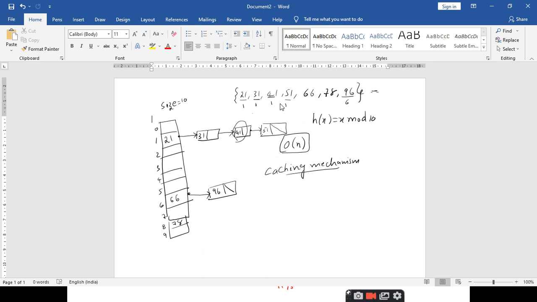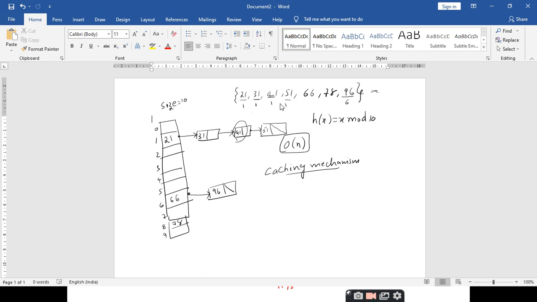So the caching mechanism is not that effective when we are making use of separate chaining, right? Is it clear? Yes, sir. Right, but we are completely avoiding the clustering. The disadvantage that we found in open addressing is completely avoided in this separate chaining method, right?